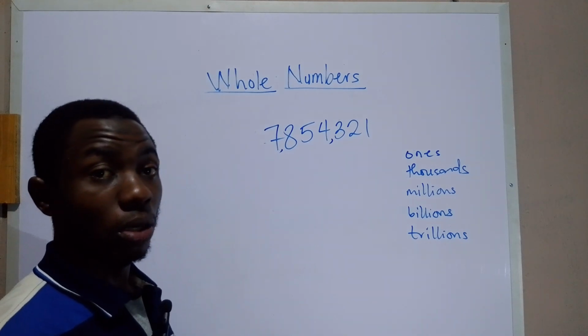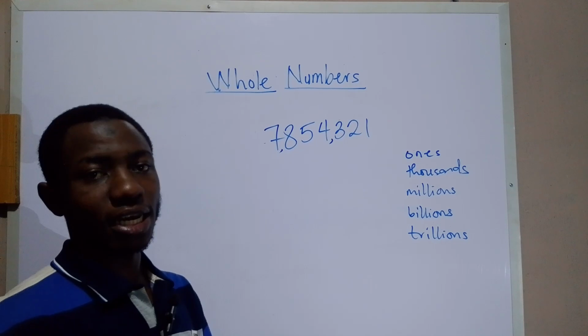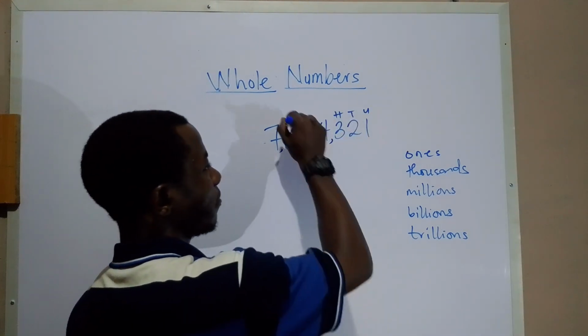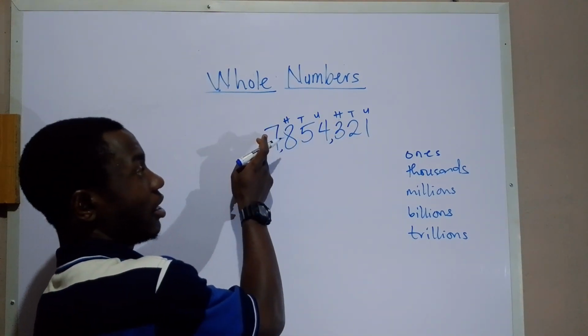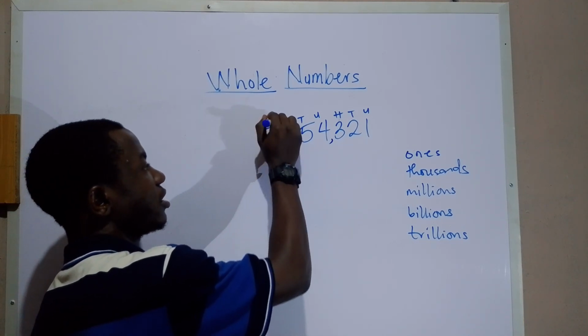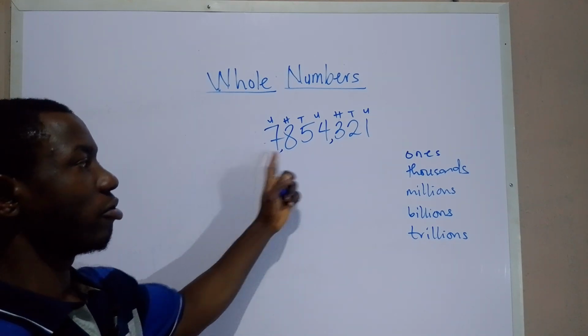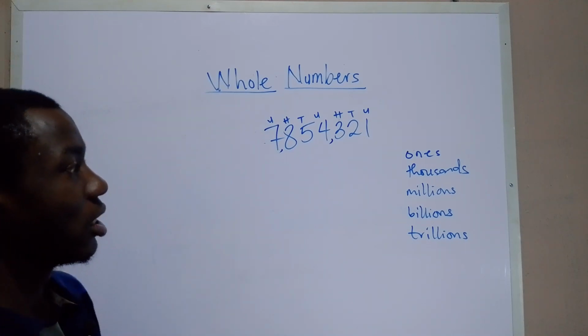As we all know, when you have a 3-digit number, you say hundreds, tens, and units. So this is hundreds, tens, units, hundreds, tens, units. Then this is under the units position, since it is the first number in this period from the right. So it falls under the units period.